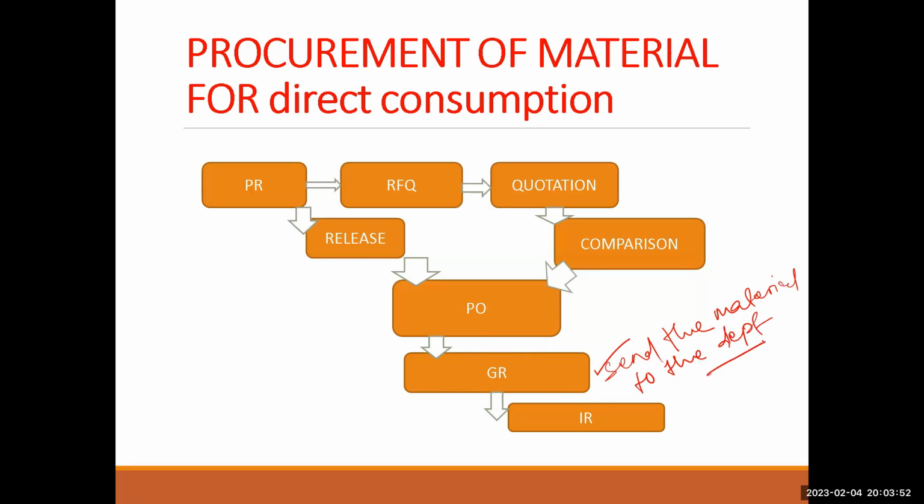Whenever you have this direct consumption material, at the time of GR you don't have to move it to your stock or to your store. Directly you have to send this material to the concerned department. Okay, understood?